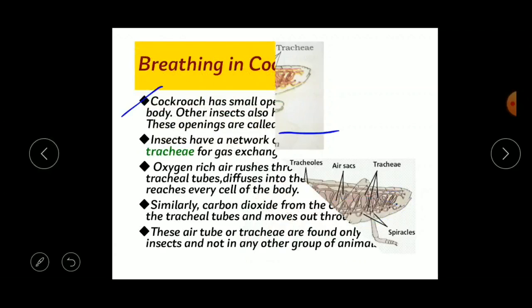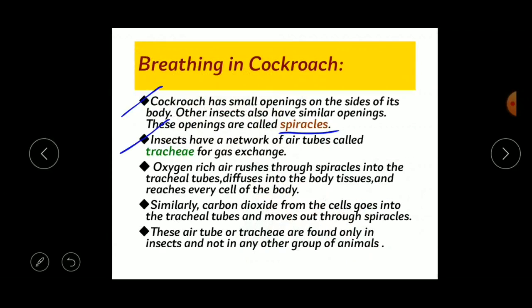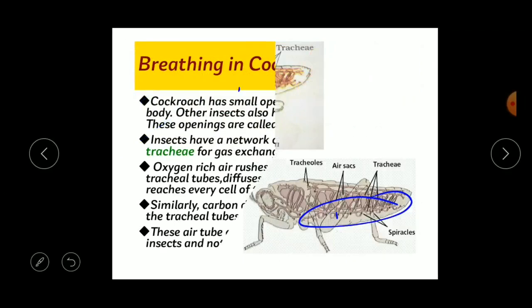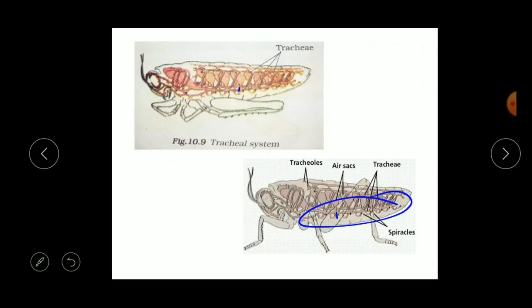Insects have a network of air tubes called trachea for gas exchange. Can you see the tube-like structures here? These are called the tracheae. They allow the exchange of gases in these insects.